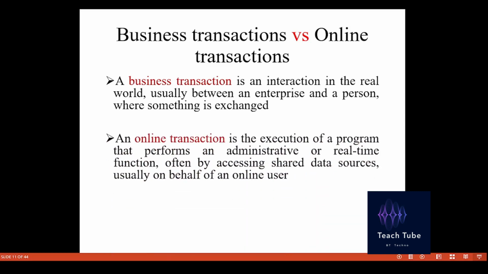The other one is the online transaction. This transaction executes in program formats, administrative or real-time functions, often by accessing shared data sources, usually on behalf of online users. So users can access data in digital form. We call it an online transaction.